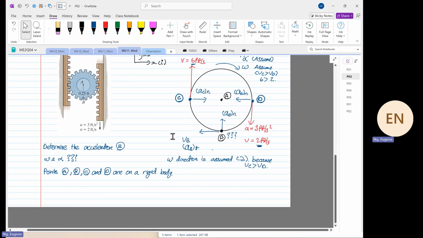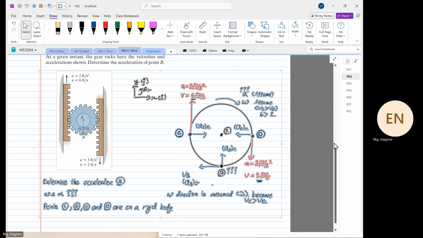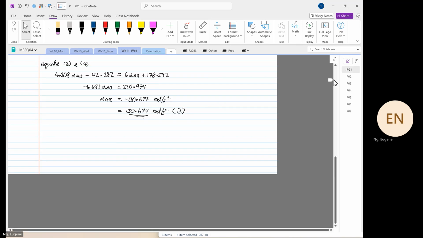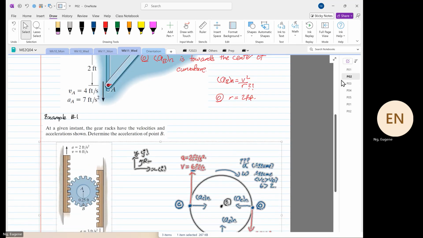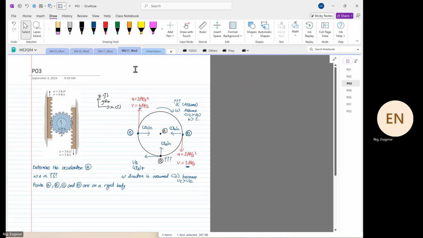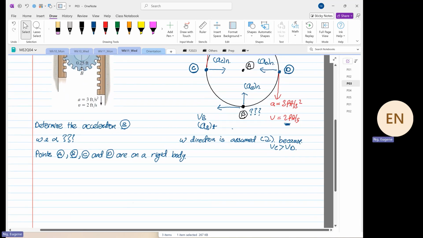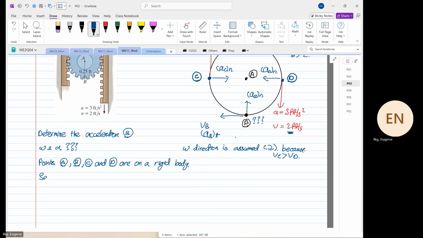From here, I'm going to take this whole diagram. We are going to select points C and D to determine omega and alpha, right?